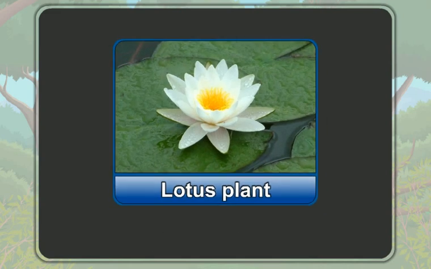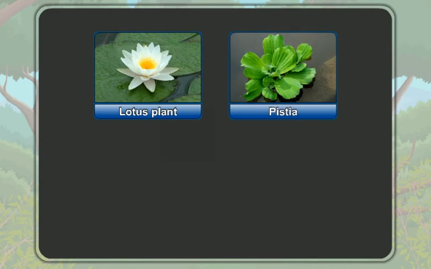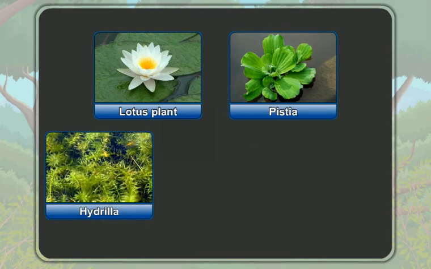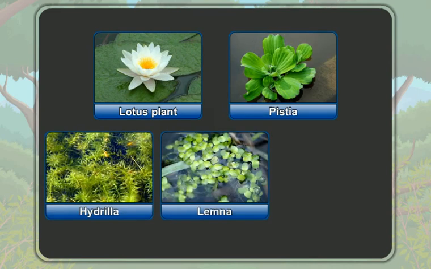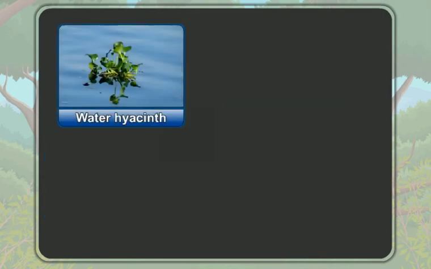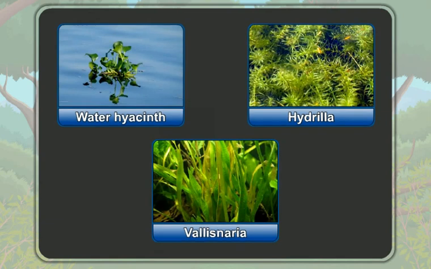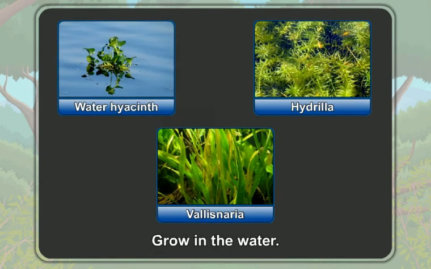Like a lotus plant, the plants like a pistia, a hydrilla, a lemona, and the water lily also grow in the water. Plants like a water hyacinth, a hydrilla, and a vallisneria also grow in the water.